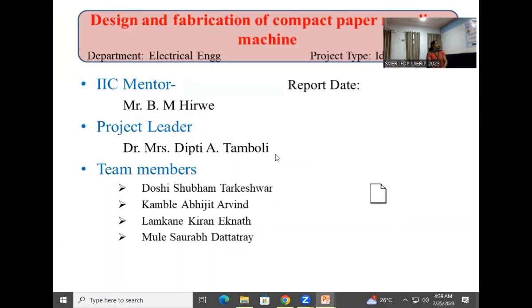Design and fabrication of a compact paper recycling machine was the project title I gave to the students. Our idea was that every year, every semester, a lot of stationery is wasted because students have assignments, triple P, and journals, and there are nearly 4,000 students.